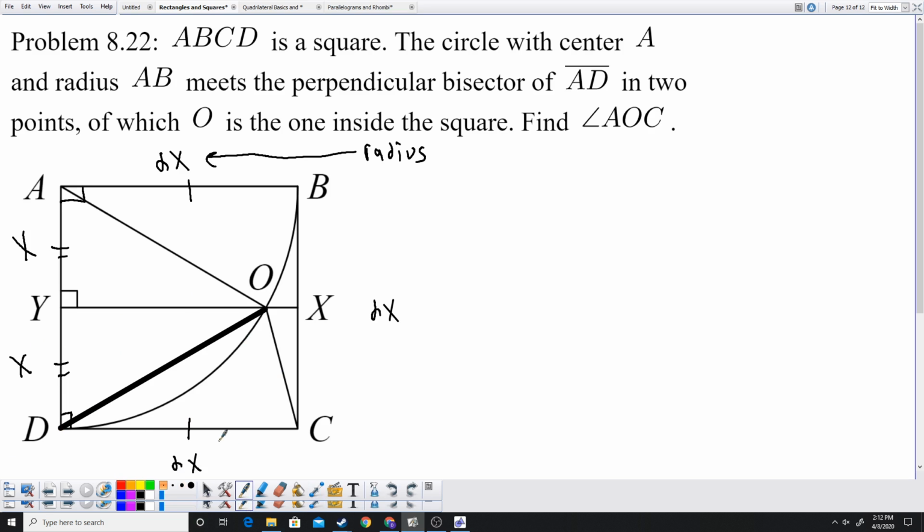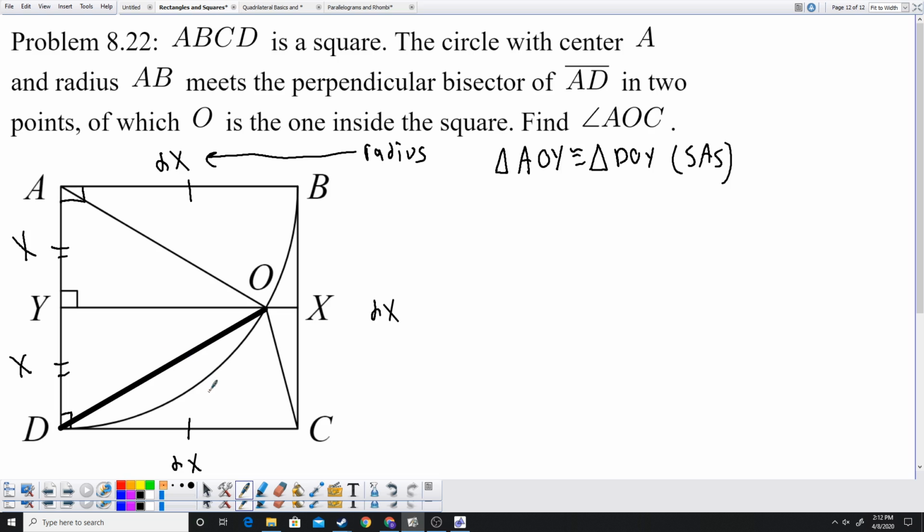Now, why is that such an obvious thing to do? Well, because it's pretty easy to figure out that triangle AOY is congruent to the triangle DOY by, well, they have the sides YD and AY, the angle 90 degrees, and the side YO is the same, so that would be side angle side.